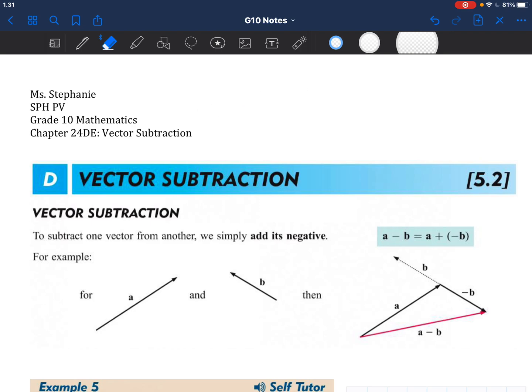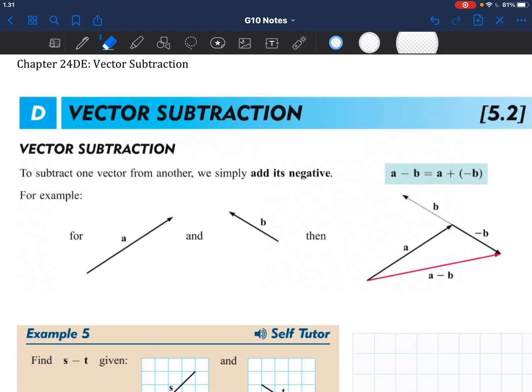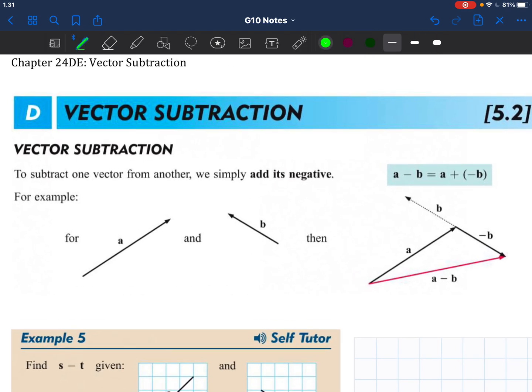So here's the thing. People tend to think, okay, I can just rotate stuff, right? So for example, if I were to show A minus B, people would think, okay, that's easy, I'll just rotate this around.